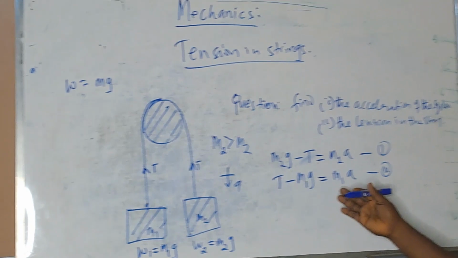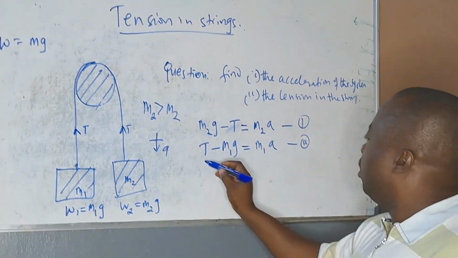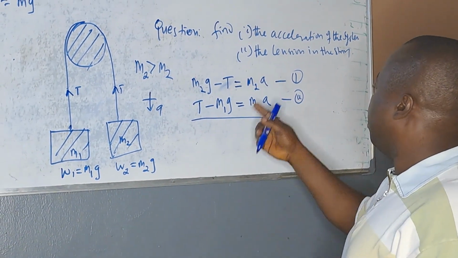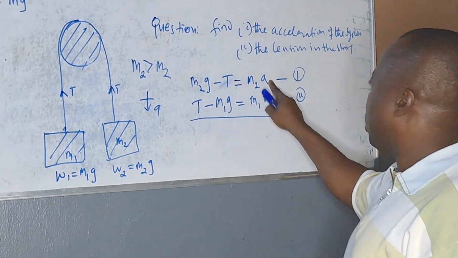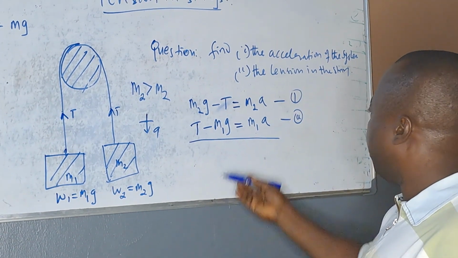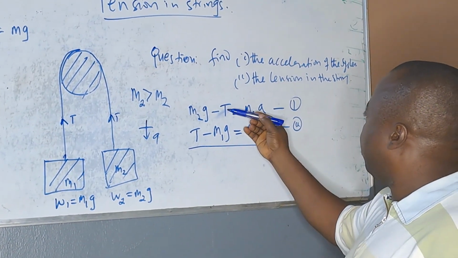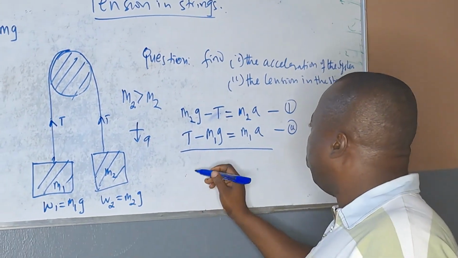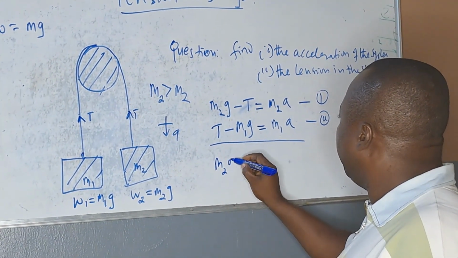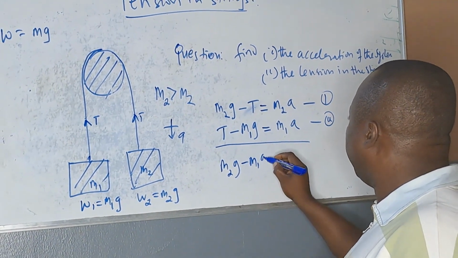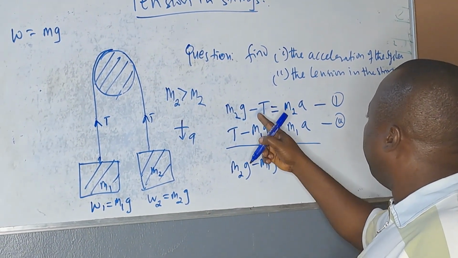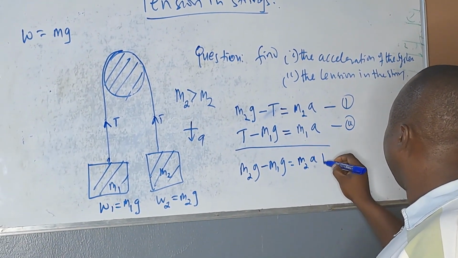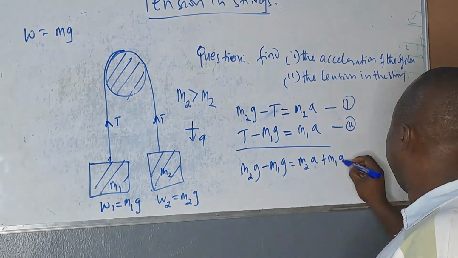So it's now a question of just simple equations. You can make T the subject of the formula using equation 1 and substituting in 2, or you just eliminate, because T is plus here and minus here. We just add equations 1 and 2. So adding equations 1 and 2 means M2G minus M1G equals minus T plus T, which is 0, equals M2A plus M1A.